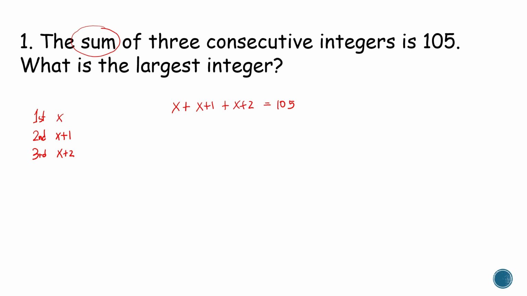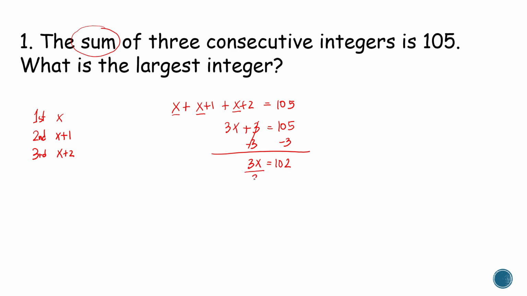All right, now we have an equation, so the next step is to solve for x. We have an x, another x here, so that gives us 3x. 1 plus 2 equals 3, so 3x plus 3 equals 105. Minus 3 on both sides, 3x equals 102.